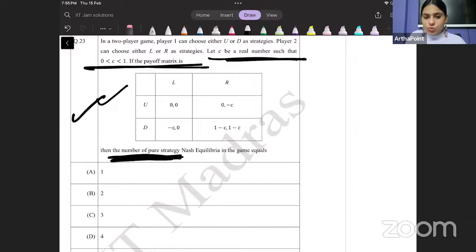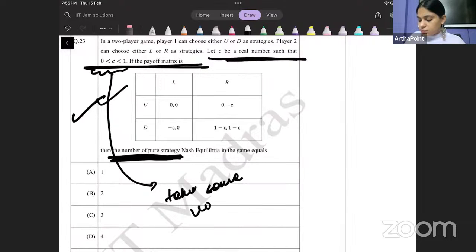Acha, to do such questions, I'm not sure how you guys attempted it in the exam, but अगर ऐसा कोई question करना हो जिसमें आपको ऐसा बोल दें कि C is between 0 and 1, my best suggestion is take some value of C. So just take C to be 0.5. 0.5 is between 0 and 1.